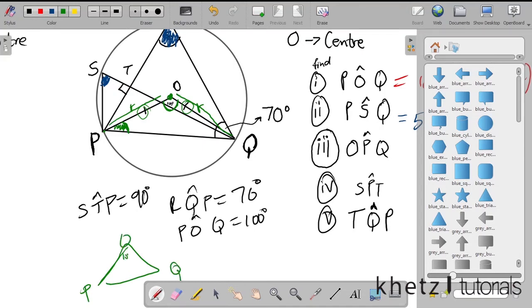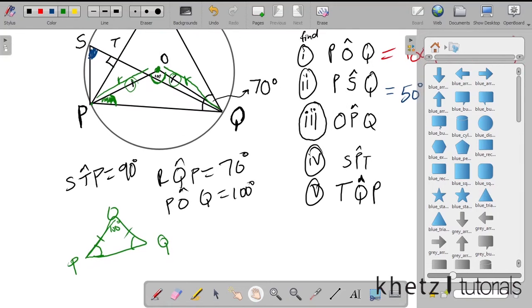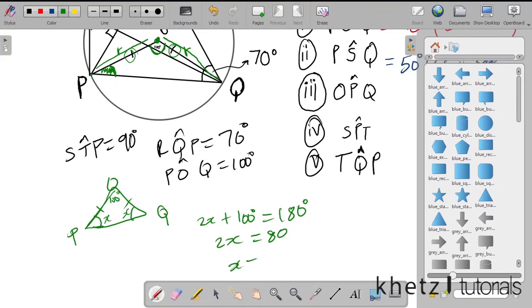Here we have 100 degrees and we have equal lines, and therefore that angle and that angle are equal because they form an isosceles triangle. And therefore we can find the value of that. So let's call it x and call it that x. So 2x plus 100 is equal to 180 degrees. So 2x is equal to 80, and therefore x is equal to 40 degrees.